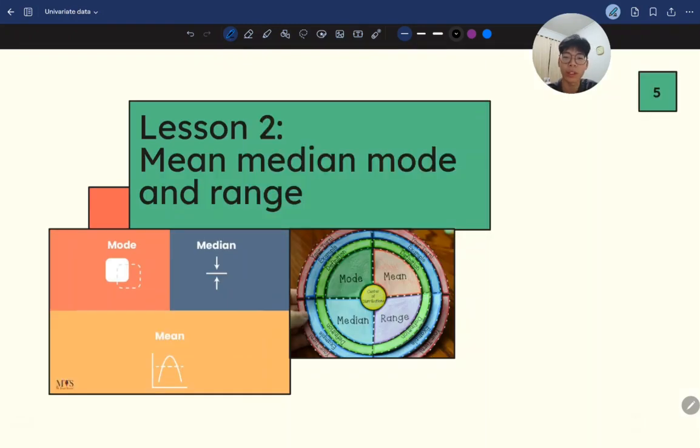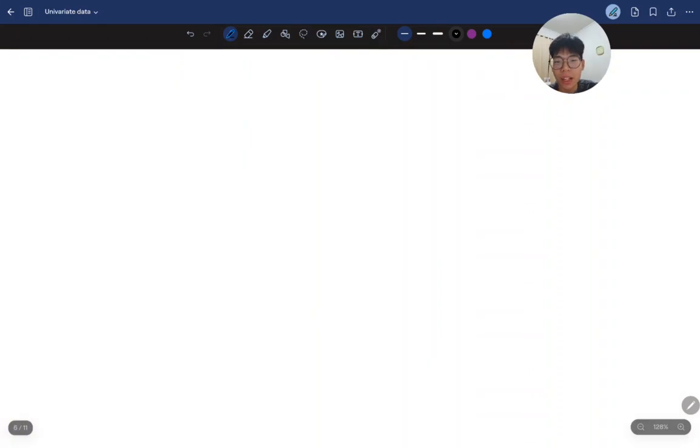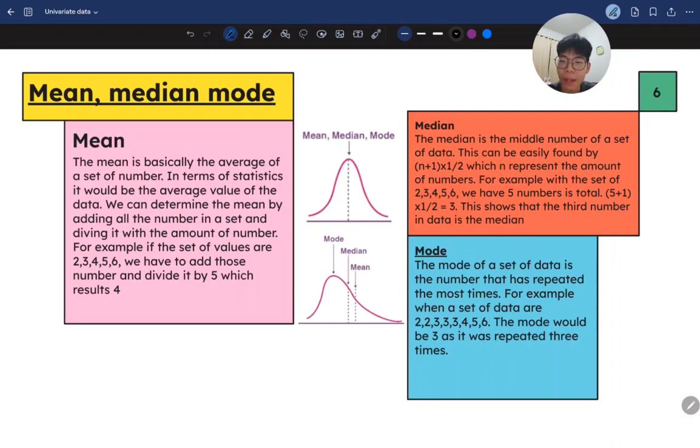Secondly, we're going to learn what the mean, median, mode, and range are, and how to identify them. The mean basically means the average of a set of numbers. In terms of statistics, it is the average value of the data. We can determine the mean by adding all the numbers in a set and dividing by the amount of numbers.